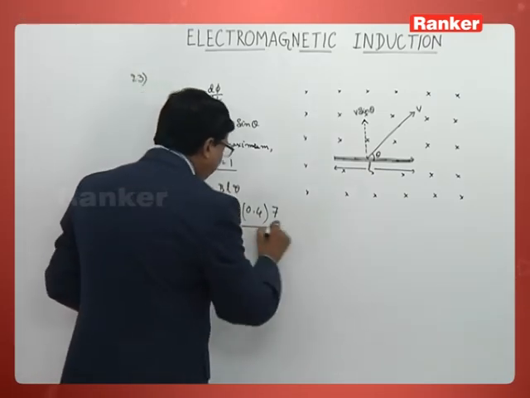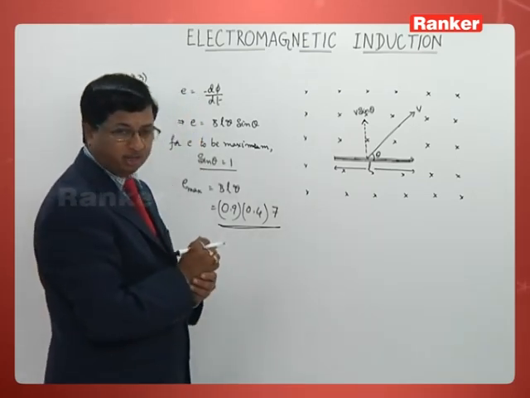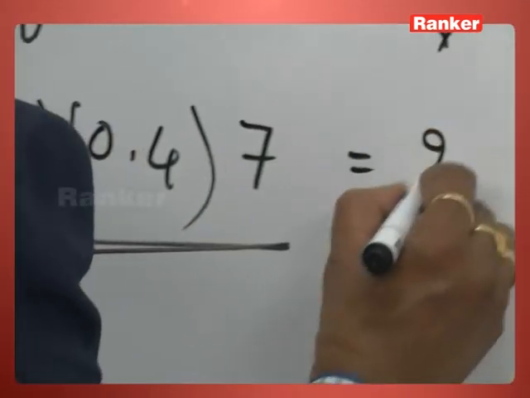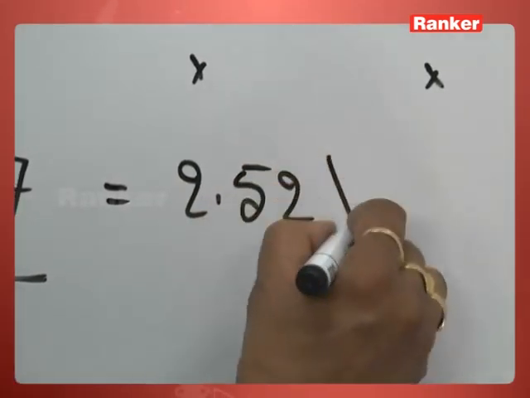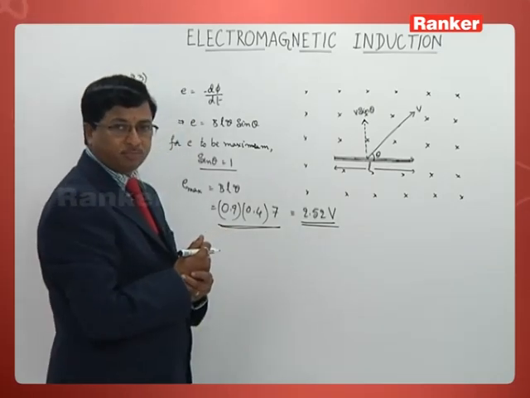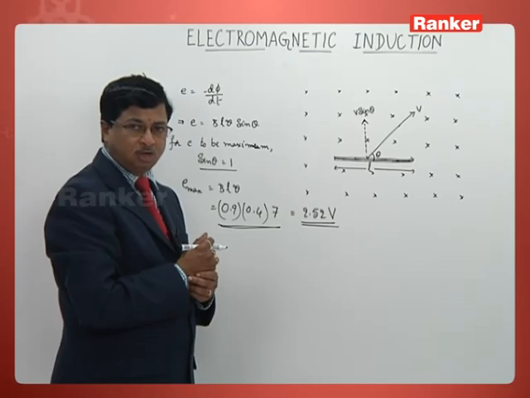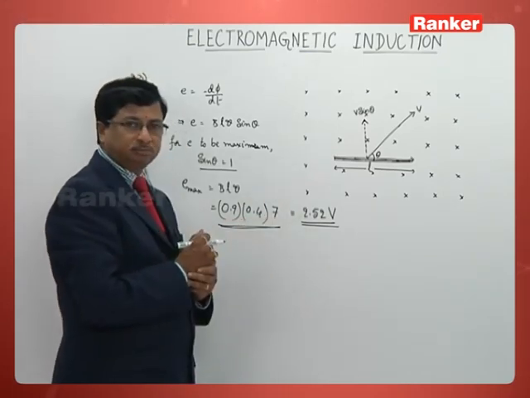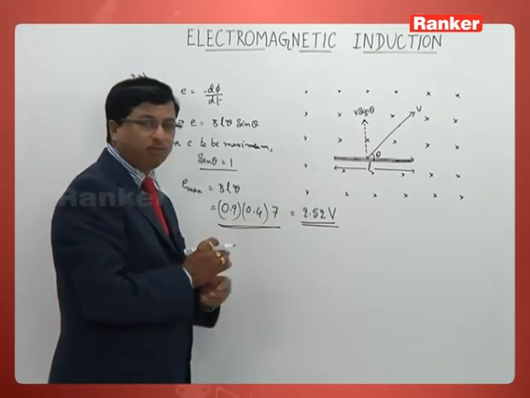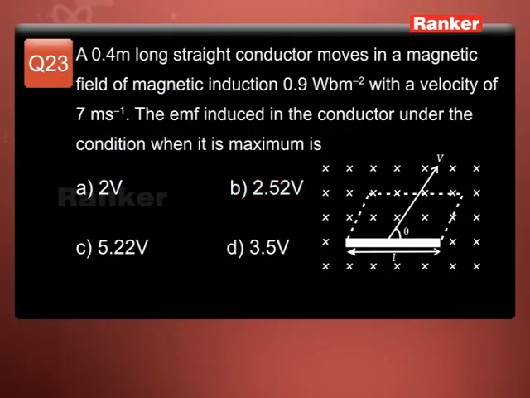This BLV, if you just multiply, you will be getting 2.52 volt as such. So this of course becomes 0.36, 0.36 into 7. Exactly 2.52 volt you will be getting, which of course is coinciding with the second option given in the problem.